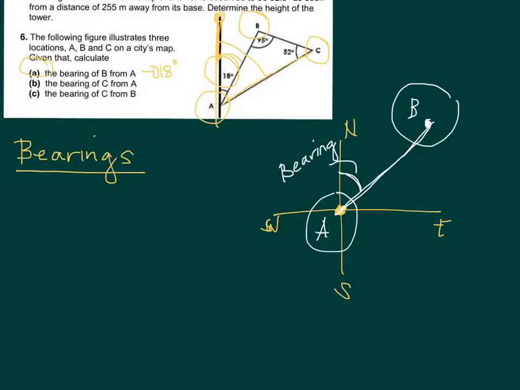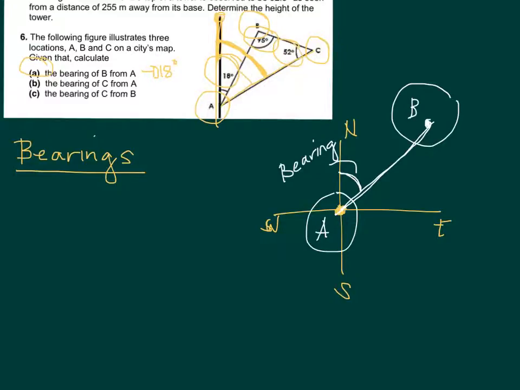As you can see, this is 18 and this is unknown. The bearing of C from A is that 18 plus this unknown angle. So our initial task is to find what this angle is. Now if you look at the triangle, two angles are already given. And whenever two angles are given in a triangle, you can always solve for the third angle, because the sum of the angles is always 180 degrees.